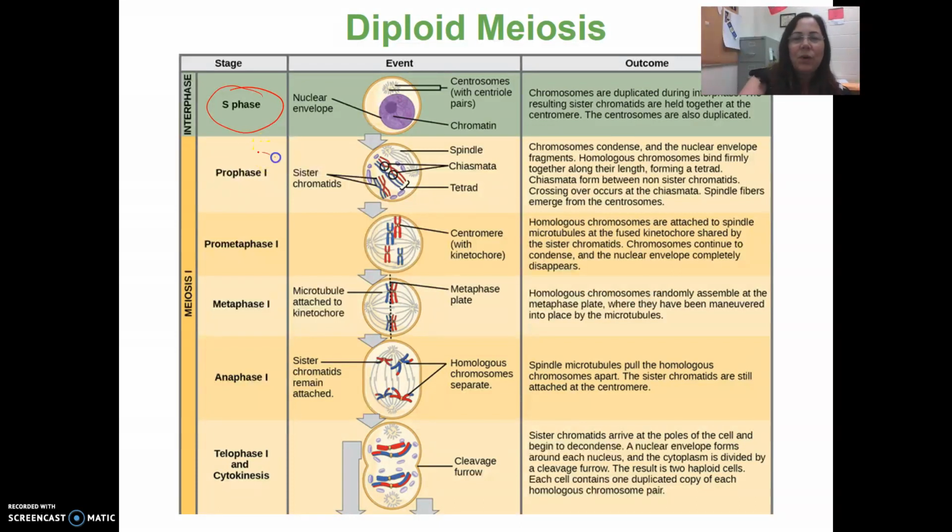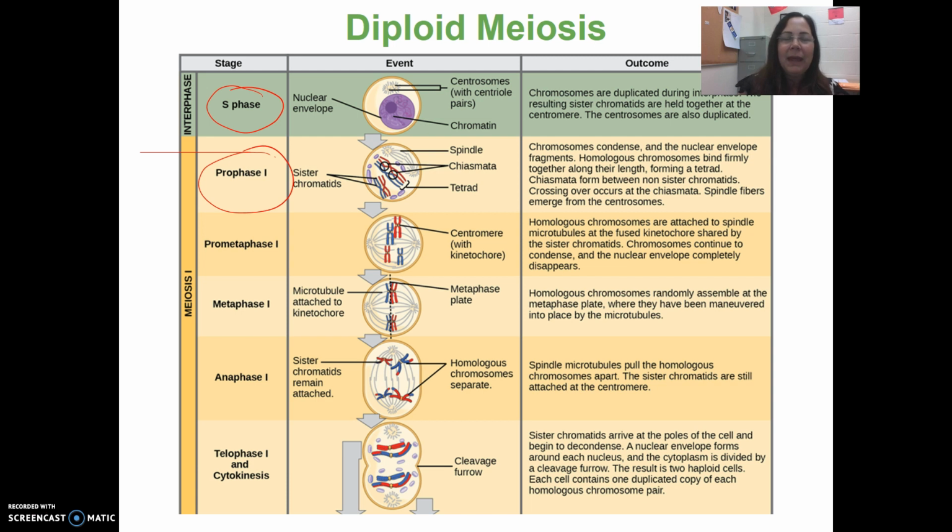In prophase 1 of meiosis 1, of that first division, the chromosome pairs, we know there are 23 pairs of chromosomes. 23 of them come from the father and 23 from the mother. Or you could say 23 came from the sperm and 23 from the egg. But I think we can agree there are 23 pairs of chromosomes.